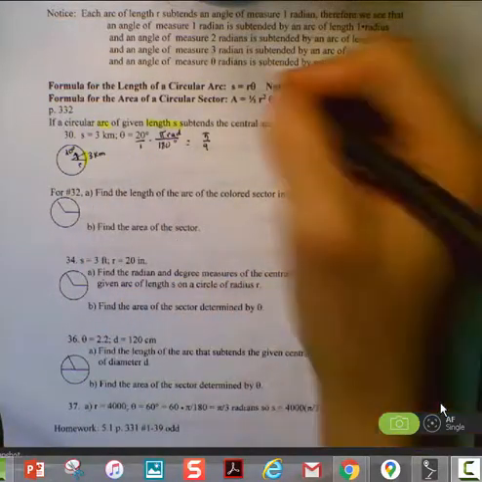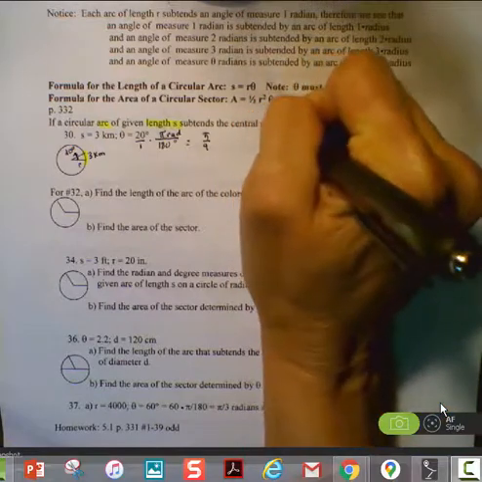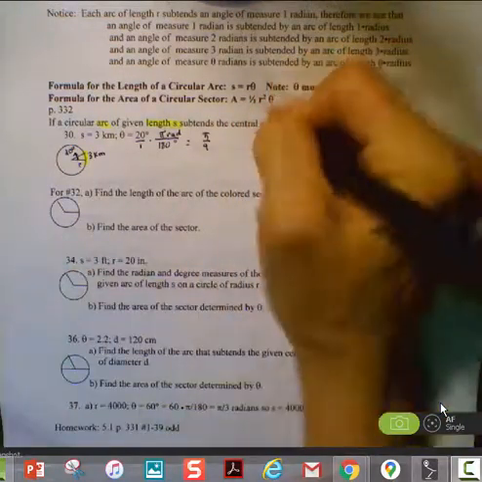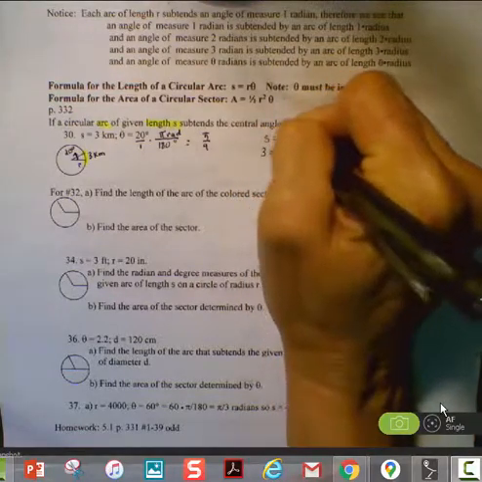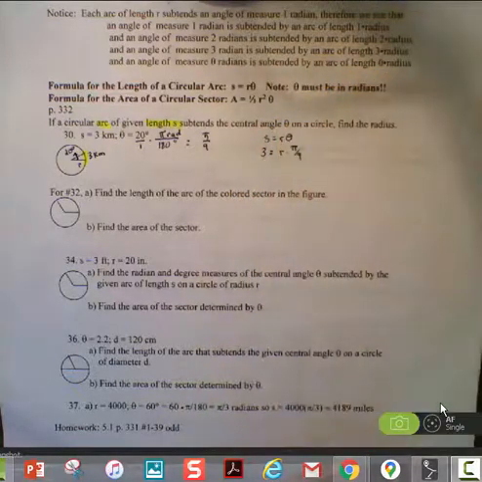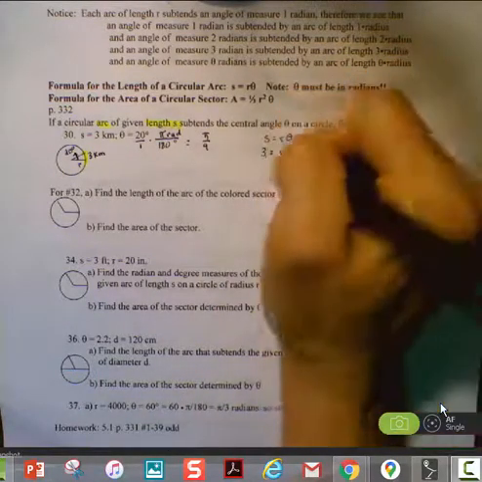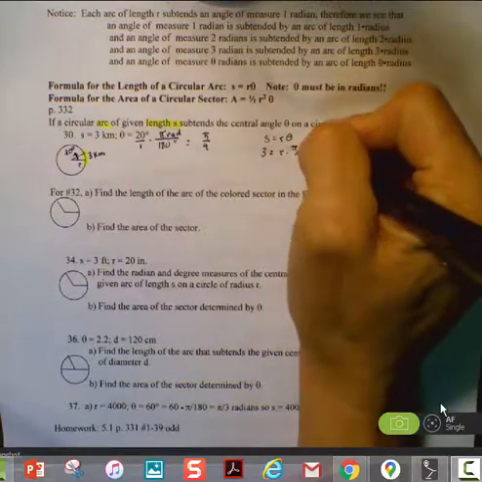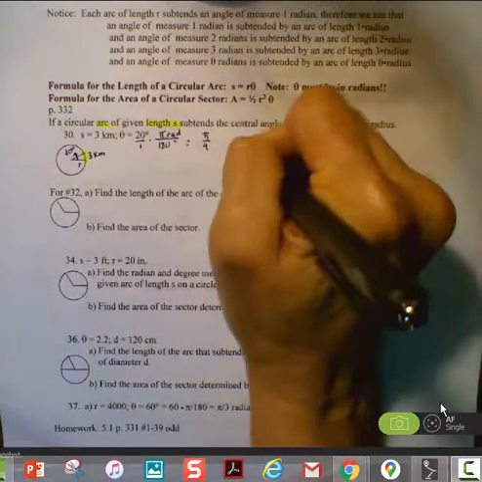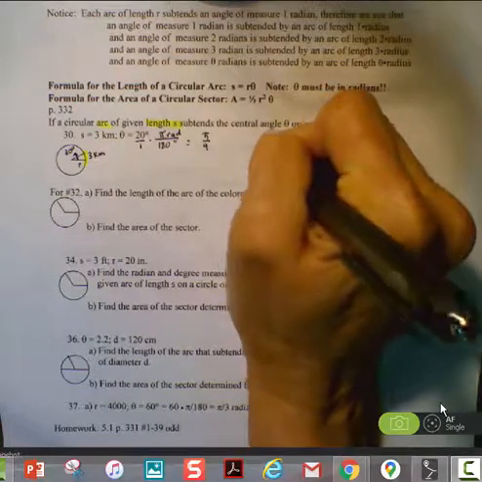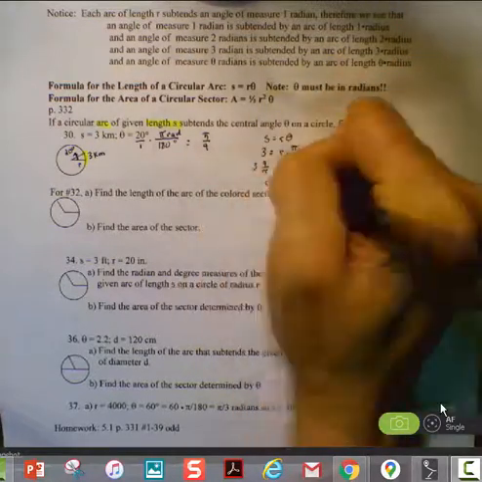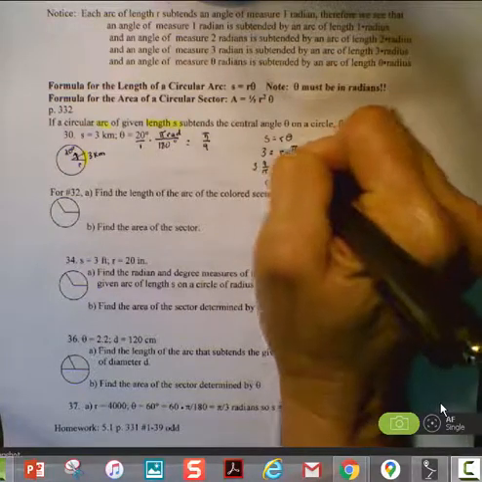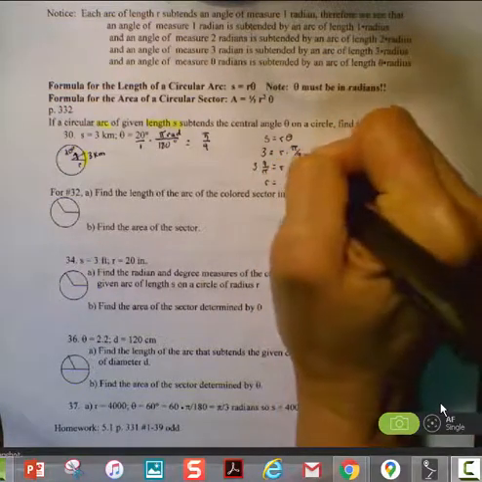If I substitute into the formula S equals r theta and use 3 for S and pi over 9 for theta, all I have to do to solve for r is multiply both sides by the reciprocal of pi over 9, multiply by 9 over pi, and I get the radius that we're looking for is 27 over pi.